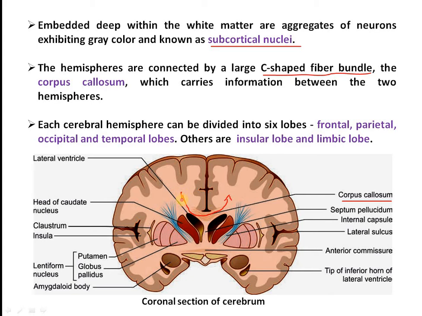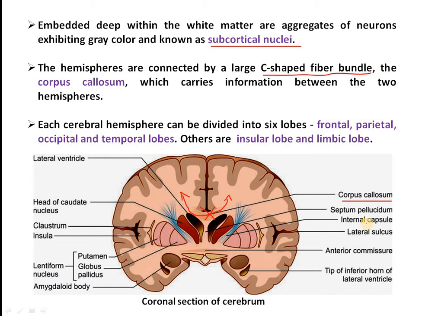This is a very important point. If the corpus callosum is damaged by any means, communication between these two hemispheres will be affected.